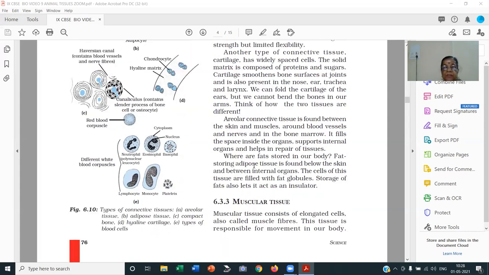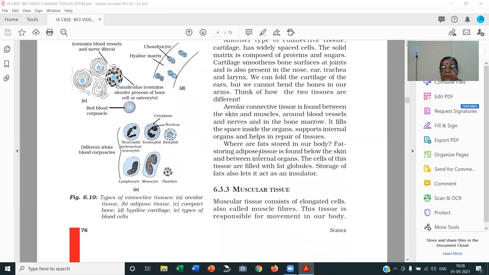Right? Muscular tissue, as we have learned earlier, consists of elongated cells. It is also known as muscle fiber. You have to learn, as I said in the session the other day, muscle fibers are nothing but muscle proteins: actin, myosin, troponin, and tropomyosin.